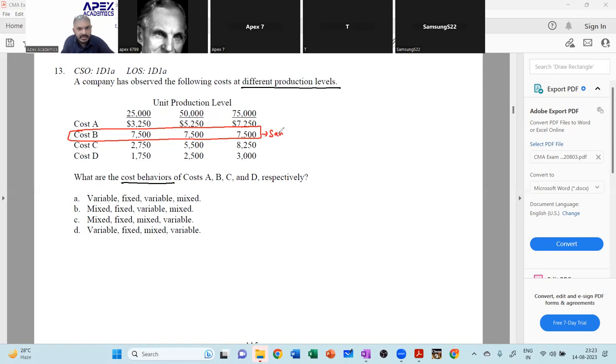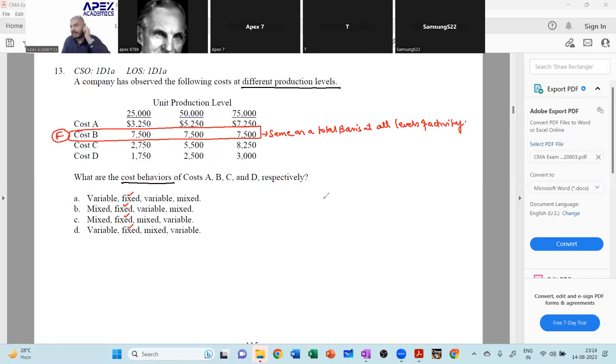Because it is the same on a total basis at all levels of activity. So cost B is obviously a fixed cost. You will notice everywhere they are getting it correct that it's a fixed cost. So by this rate, all the answers are correct.